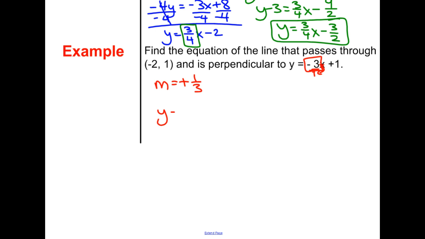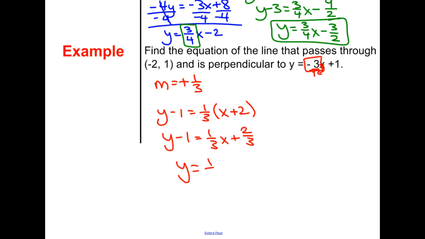So y minus 1 equals 1/3 times x plus 2. Y minus 1 equals 1/3 x plus 2/3. Now we're going to add 1, which is the same thing as adding 3/3 to both sides. So y equals 1/3 x, 2/3 plus 3/3 is 5/3.